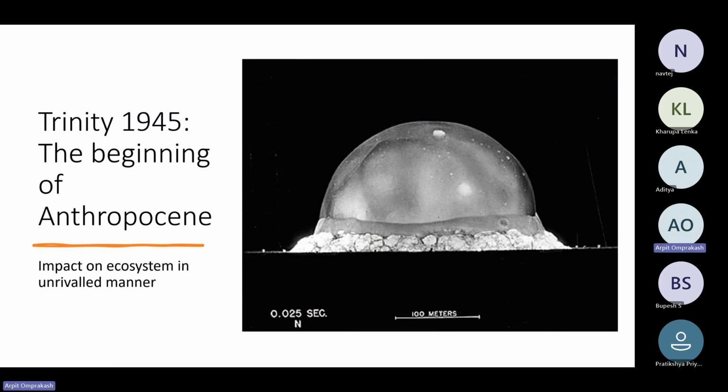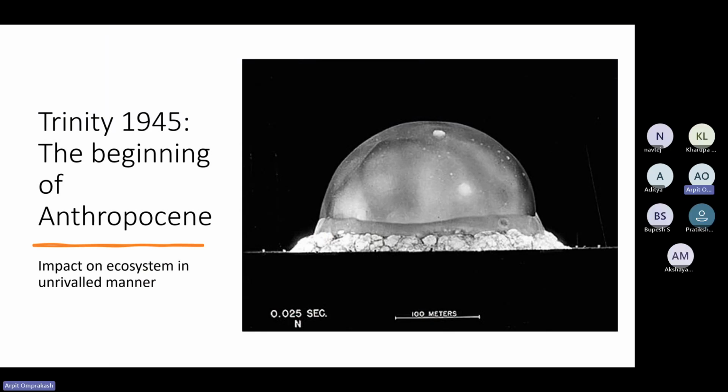This year, 1945, is considered by some scholars to be the beginning of what we call the Anthropocene, because 1945 marks the Trinity test, where the US conducted atom bomb testing.